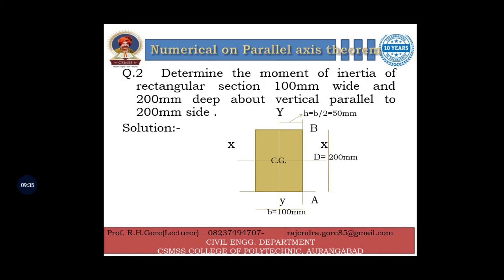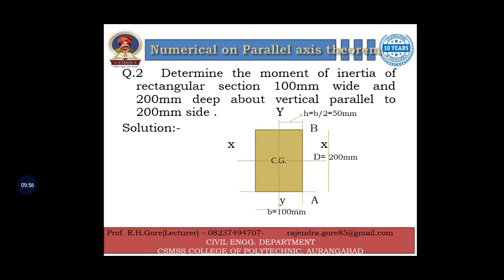Next problem. Determine the moment of inertia for rectangular section 100 mm wide and 200 mm deep about vertical axis parallel to the 200 mm side. In this figure, B is 100 mm, similar to the previous problem, and D is 200 mm.